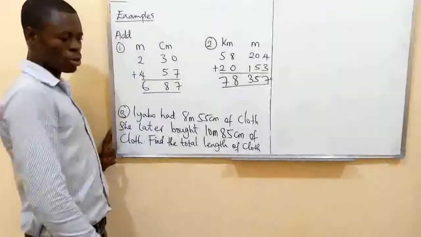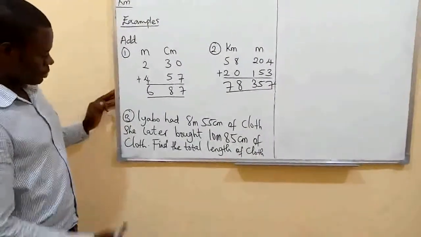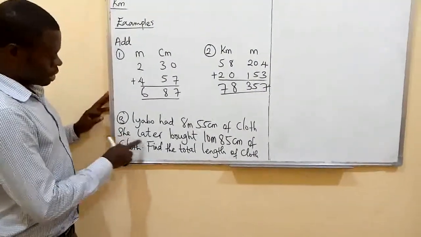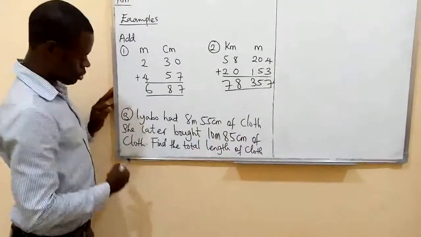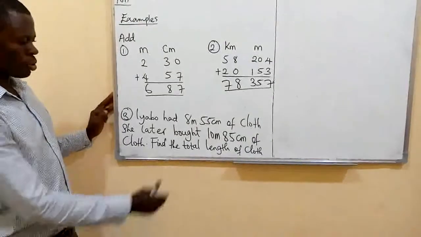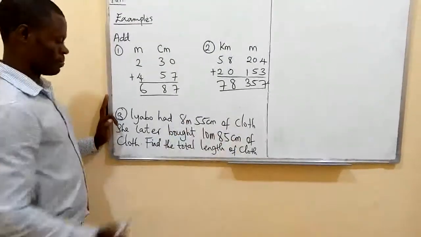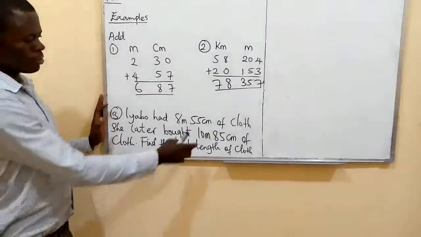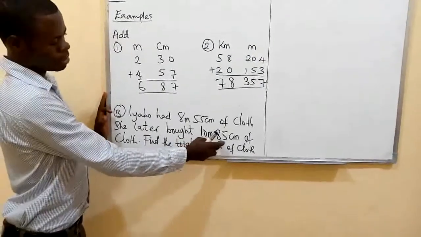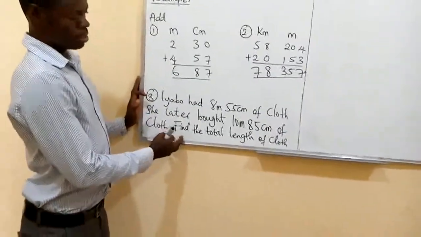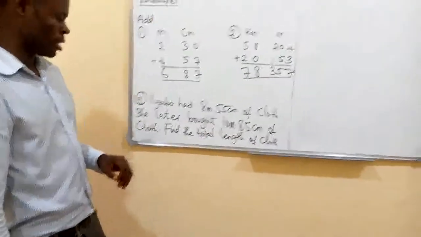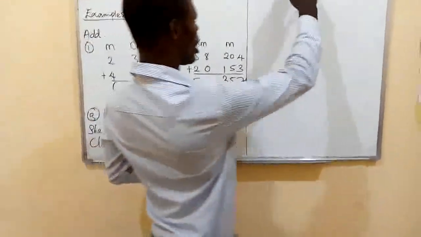This is the length of the cloth she had. And she later bought 10 meters, 85 centimeters of cloth. Additional cloth was bought from the market. And then we have to find the total length of the cloth she has now.